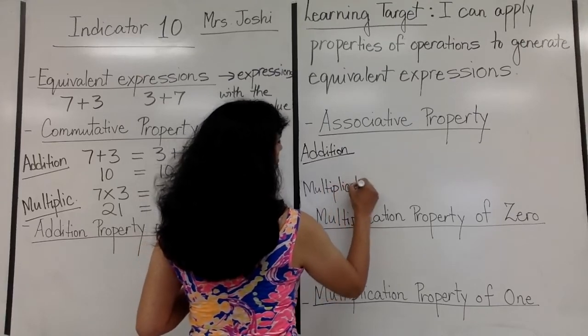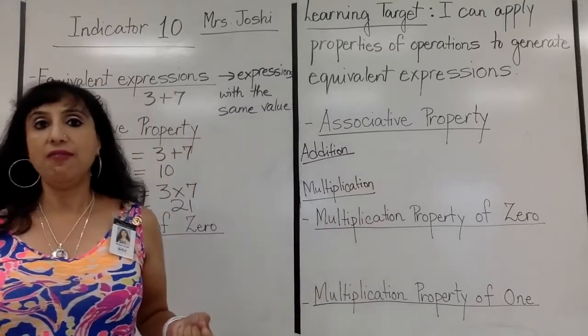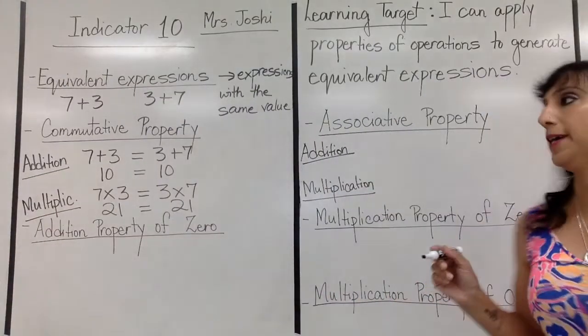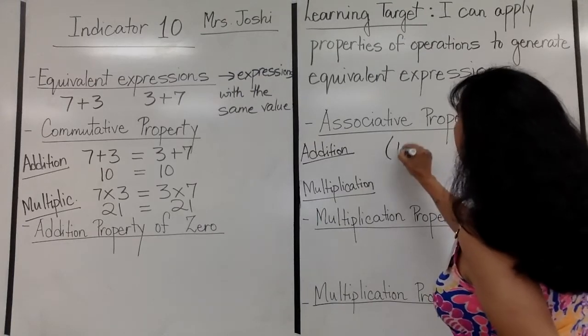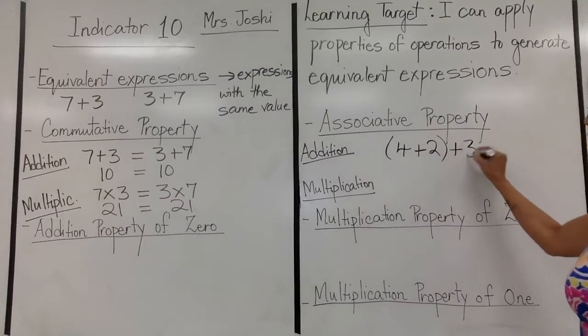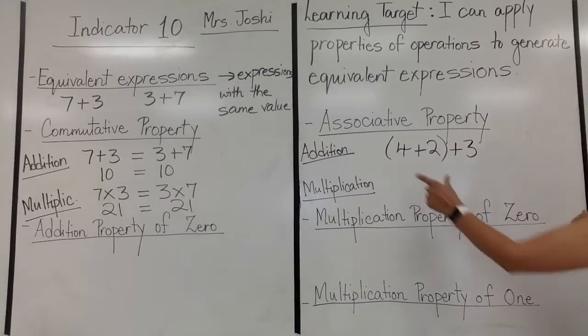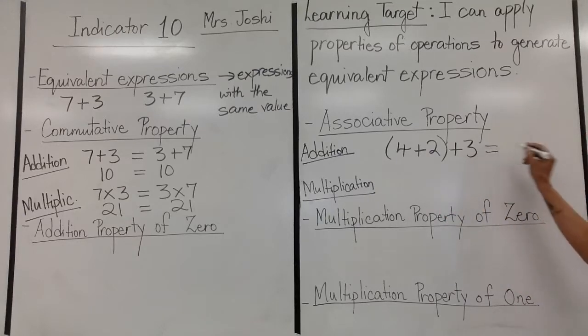Okay, for addition or for multiplication only. So if I give you something like 4 plus 2 plus 3. So here's my grouping right now, is (4 plus 2) plus 3. This is no different than 4 plus (2 plus 3).